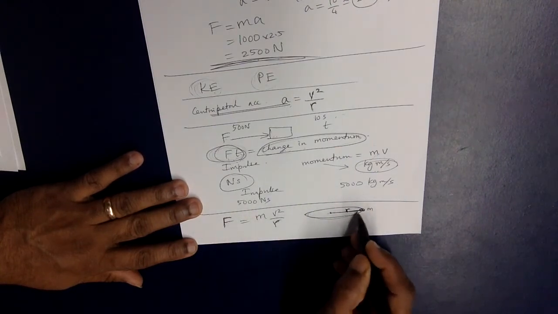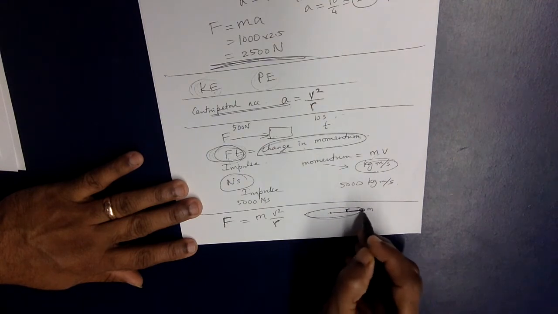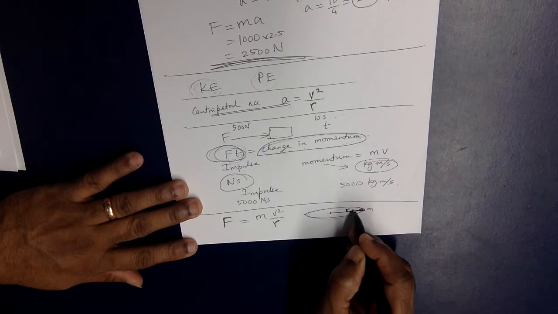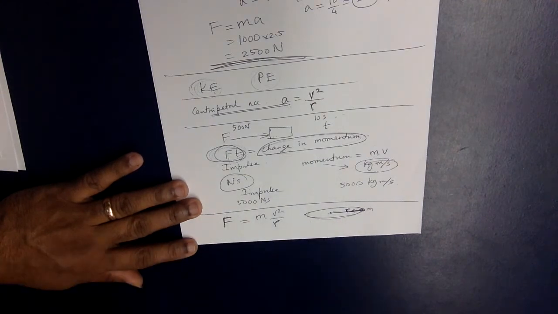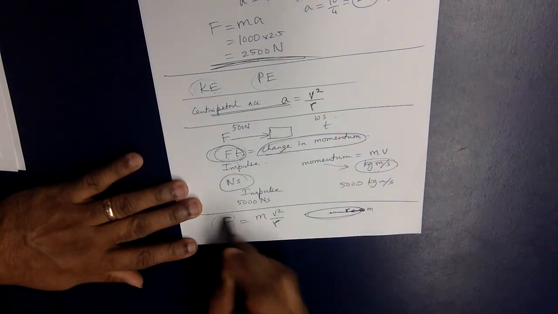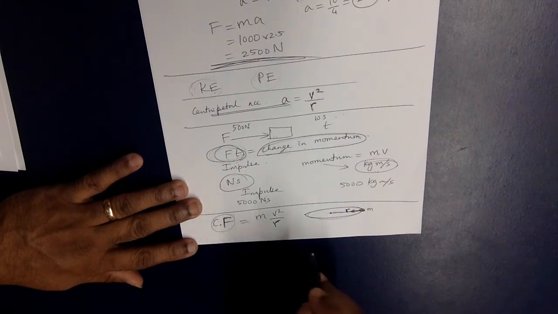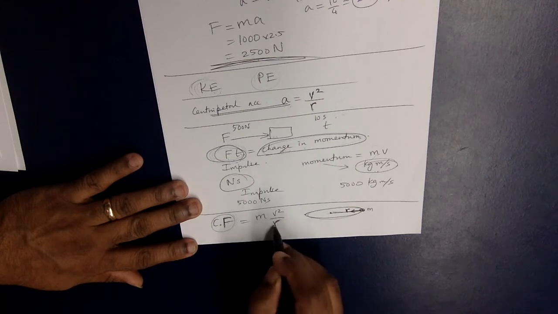Now, where is the centripetal force? Where's the force that keeps this object going round and round? It is the tension. The tension in the cable, the tension in the cord is the centripetal force. Centripetal force is mv squared over r.